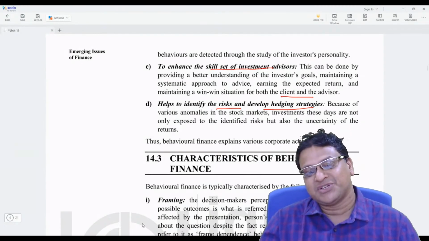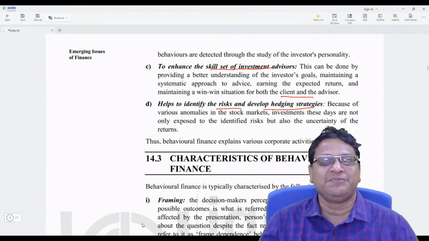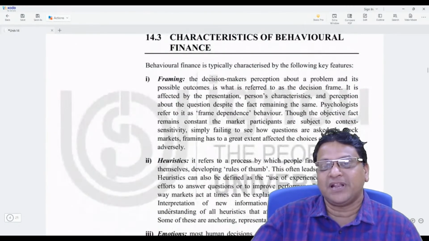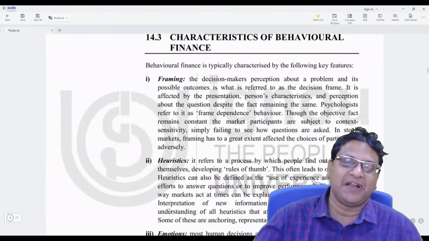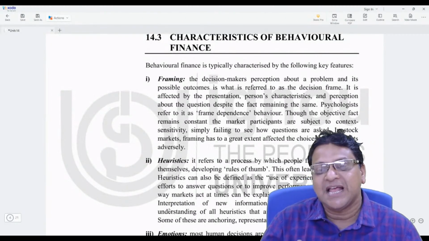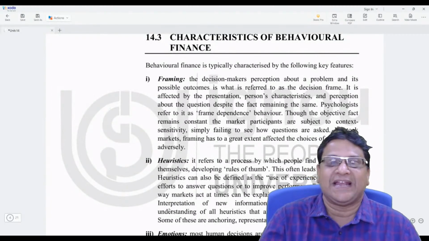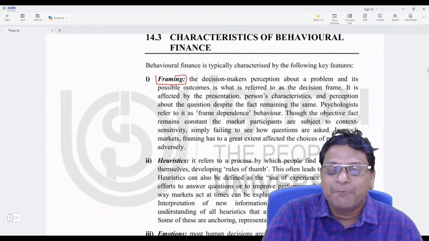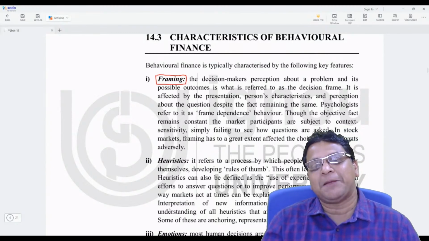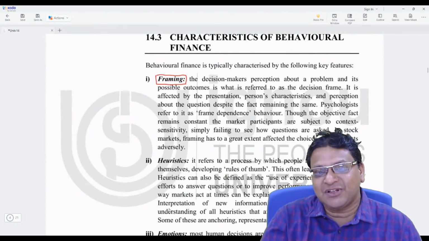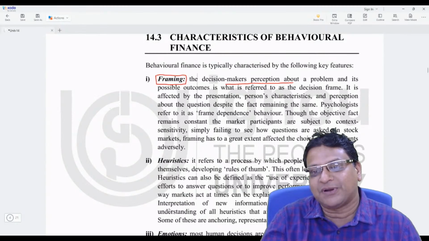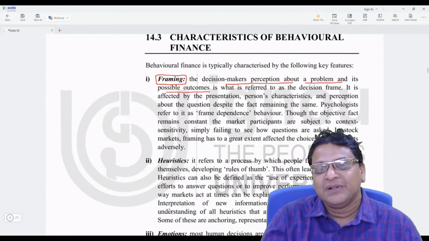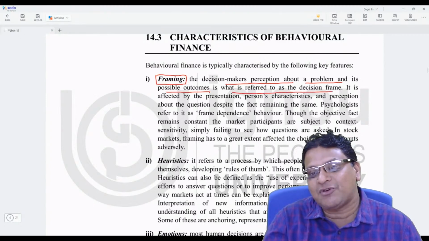Next, we will discuss some of the characteristics of behavioral finance. What are the features of behavioral finance? What are the characteristics of behavioral finance? So behavioral finance has the following characteristics. The first important characteristic of behavioral finance is framing. So what is framing? Framing means the decision maker's perception about a problem and its possible outcome, which is referred to as the decision frame.